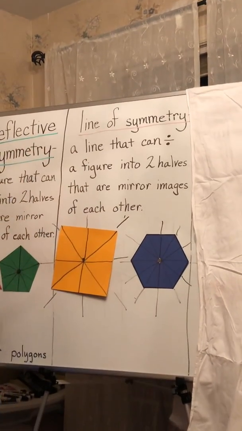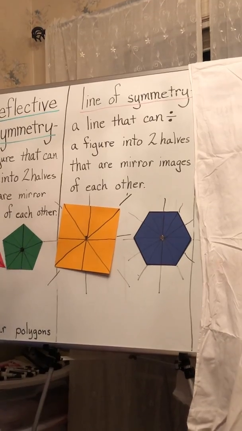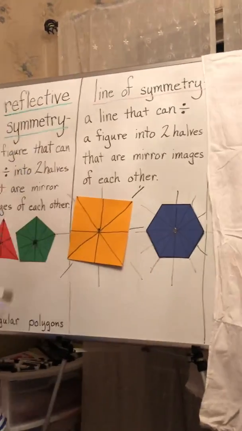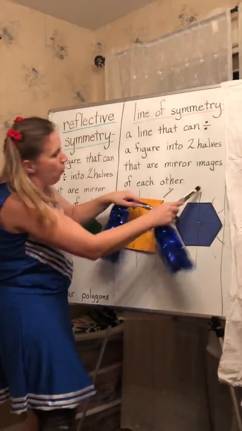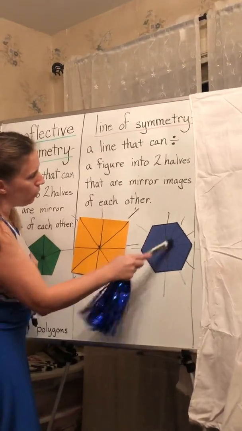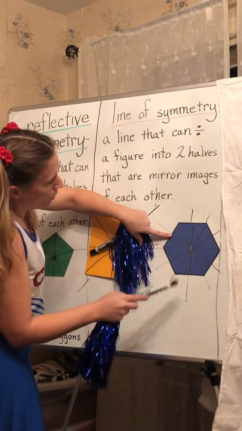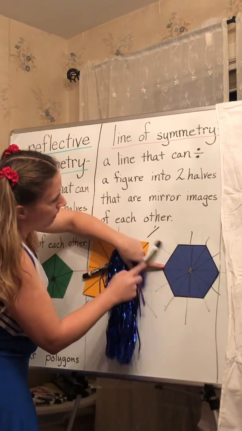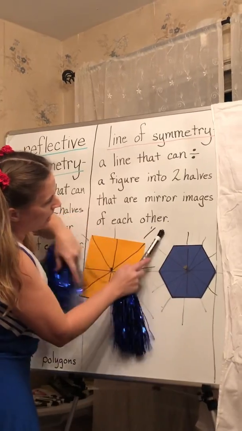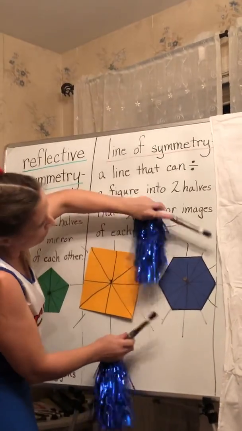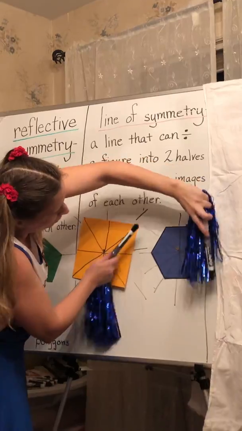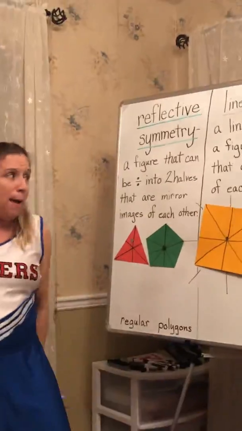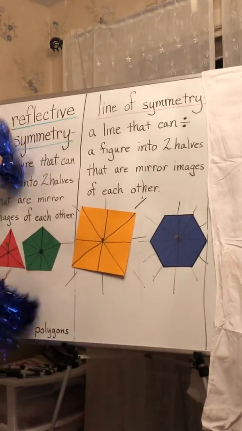So we have 3 through the angles, 3 through the sides. That's a total of 6 lines of symmetry. Count them with me. 1, 2, 3, 4, 5, 6. 6 lines of symmetry going around our hexagon, you see. Good job! Now you know about reflective symmetry.